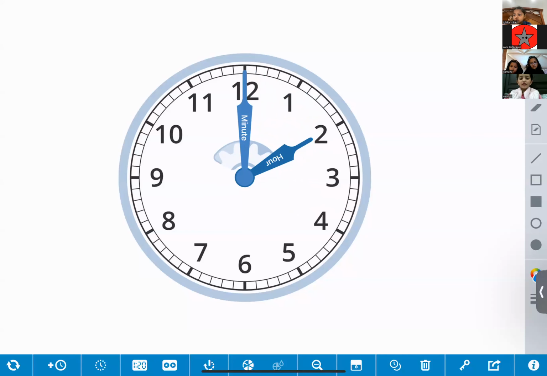2 o'clock. Next is Samaira. Samaira and Shania both. Shania, what is the time? Just see the small hand on which number it is. 1. And the longer hand is on? 12. So if the long hand is on 12, we say o'clock.